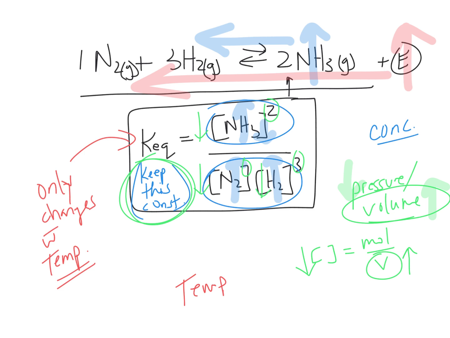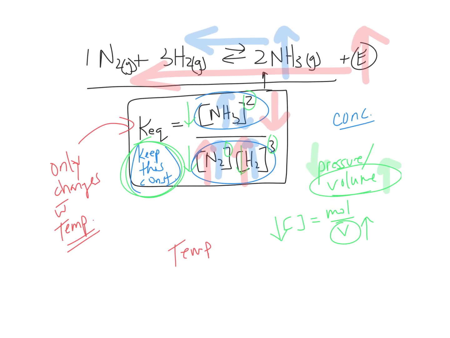Literally all that's going to do is drop the concentration of the product and increase the concentration of the reactants, which would change K equilibrium entirely. There's no mechanism there, no built-in structure to keep K equilibrium constant in that scenario. So what we would see is that a temperature change results in a new equilibrium constant.